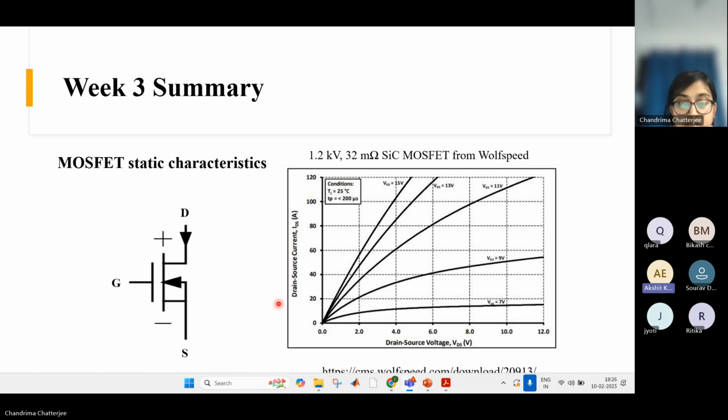Madam, how do static characteristics differ from dynamic? So basically, in a static characteristic, in the x-axis and y-axis you will find some voltage or current parameter. For example, here in the x-axis we have the drain to source voltage, and in the y-axis we have the drain current, right?